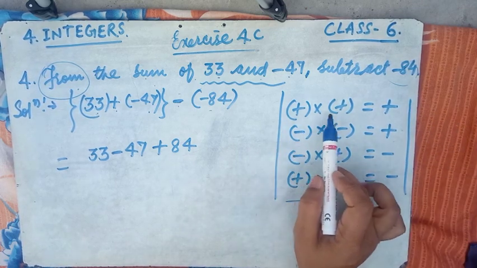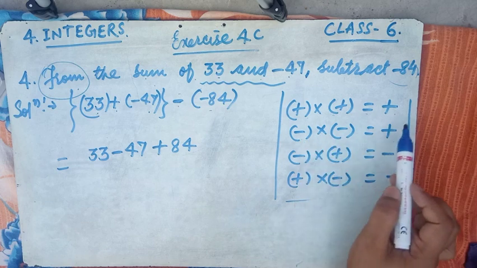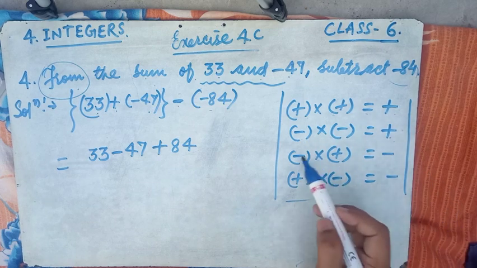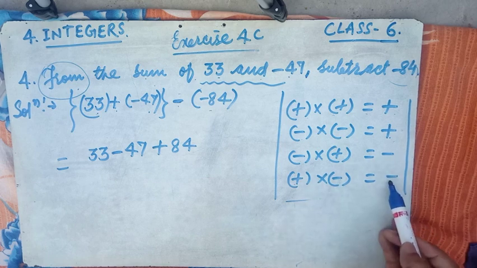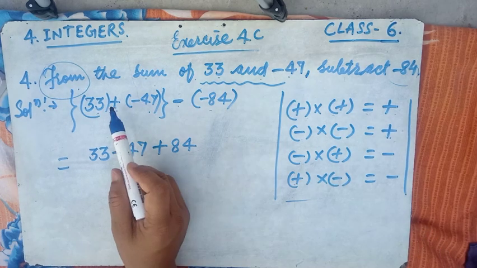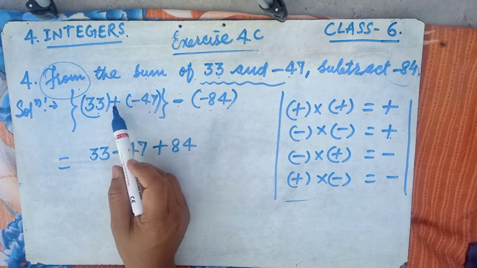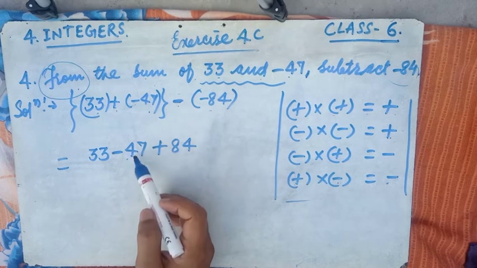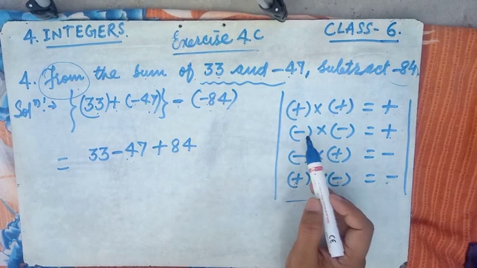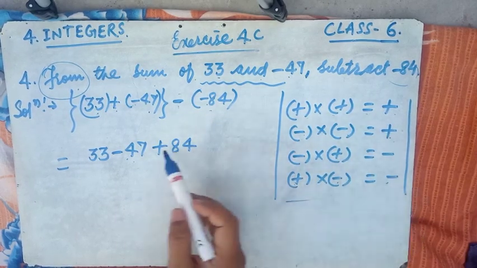Plus multiplied by plus is plus, minus multiplied by minus is also plus. Then in these two cases, minus multiplied by plus or plus multiplied by minus is minus. Now we have to follow the same. Here is plus into minus, which is equal to minus 47. Minus into minus is plus, here is plus 84.